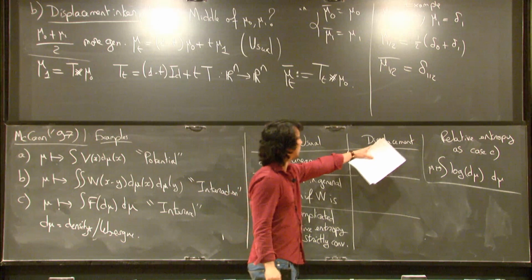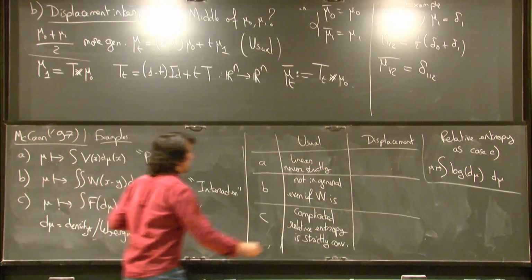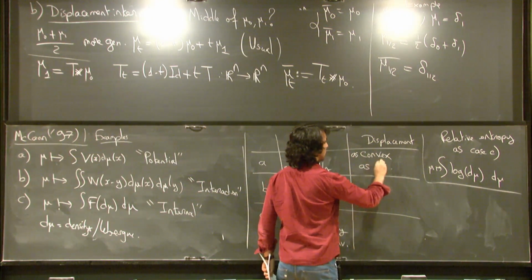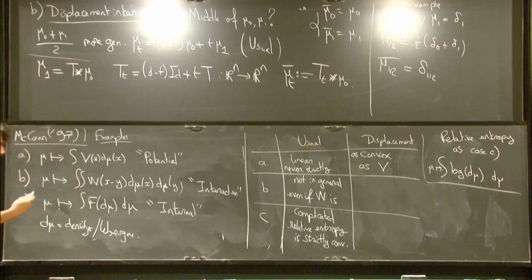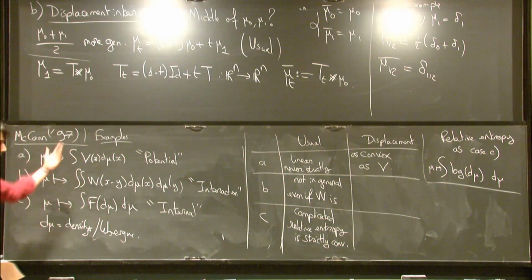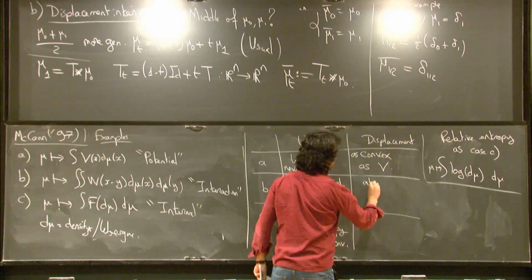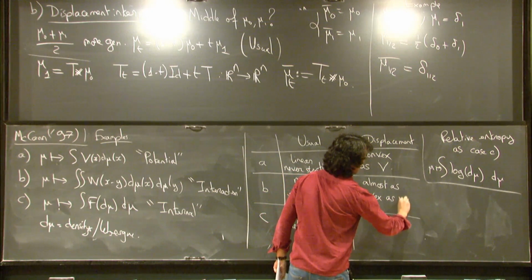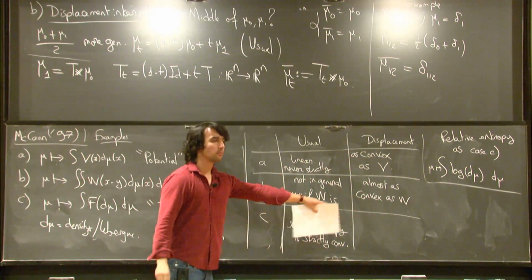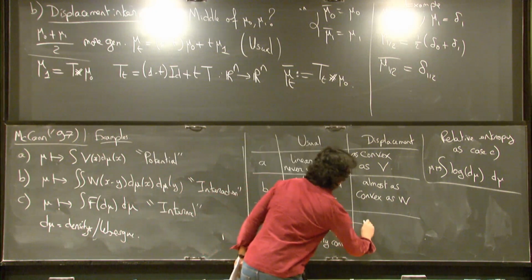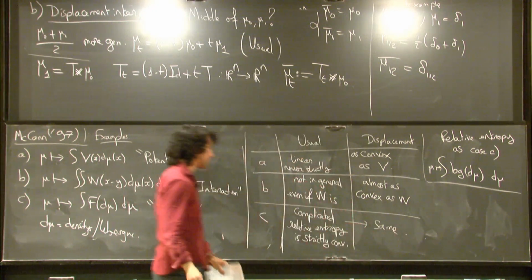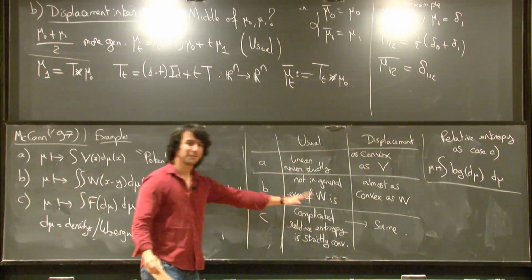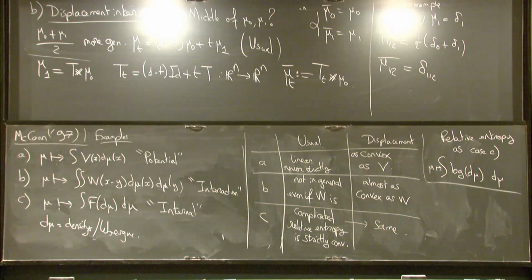Okay, so what about displacement convex? A is as convex as V. So if V is convex, that's convex, and if V is strictly convex, this is strictly convex. B is almost as convex as W. And for C, it's complicated, but the relative entropy is fine. The conditions are different, but the relative entropy is fine.